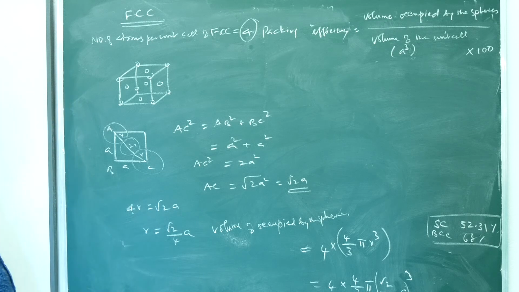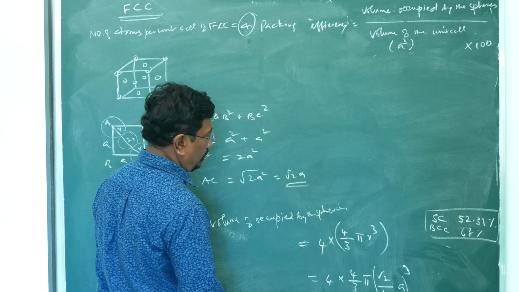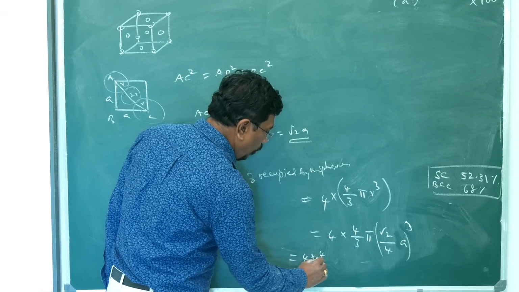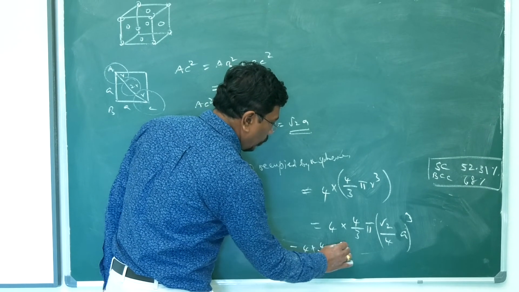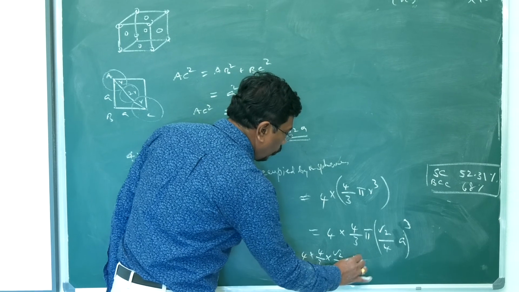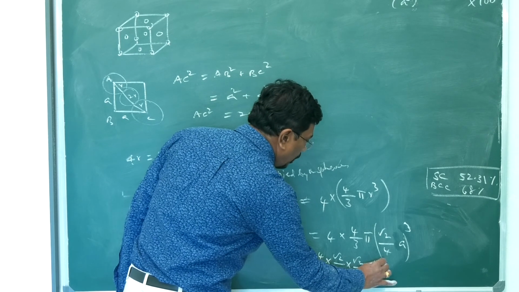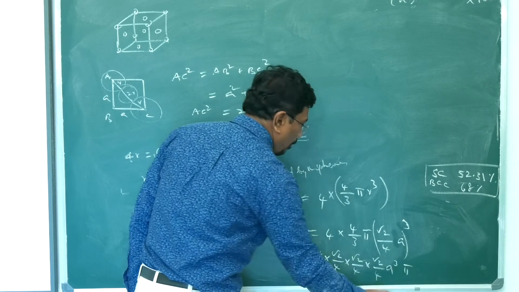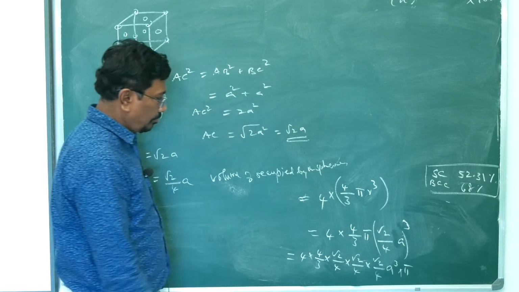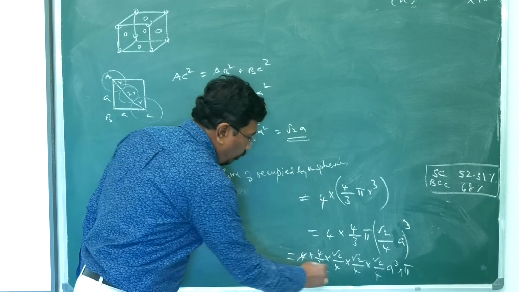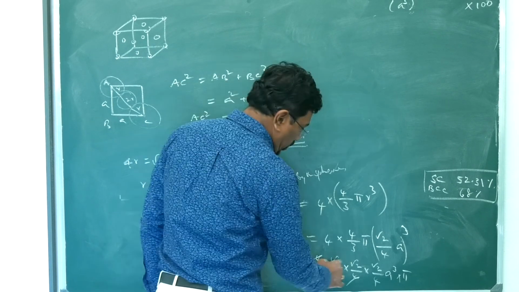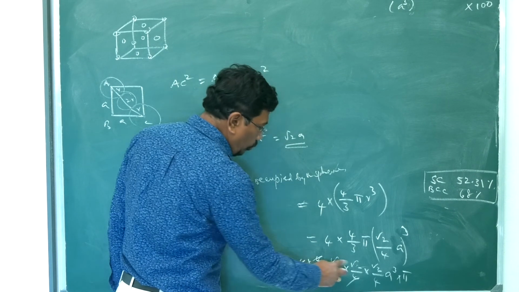Alright? Which is nothing but 4 into 4 by 3 into root 2 by 4 into root 2 by 4 into root 2 by 4 a cube, finally this pi. 4 and 4 get cancelled. 2 root 2's become 2. Root 2 into root 2, 2.